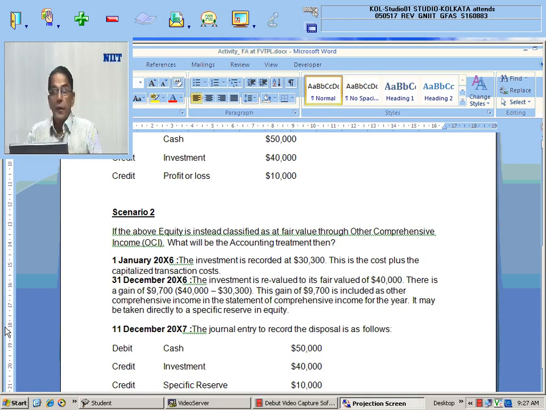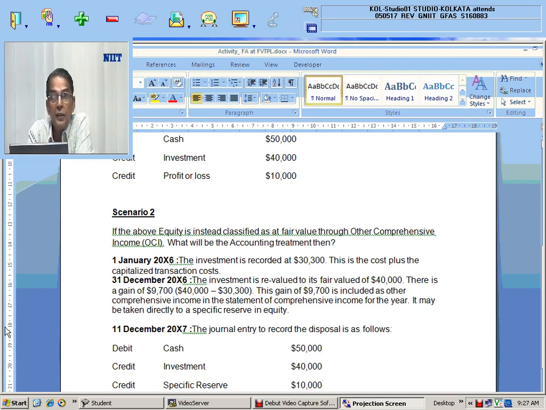So if it is a financial asset at fair value through other comprehensive income, then the treatment will differ, because the transaction cost will be capitalized for the initial measurement of the asset's value. Subsequent measurement of the asset will be done at the fair value on 31st December 2006, and the difference will go to the specific reserve account, that is 9,700.